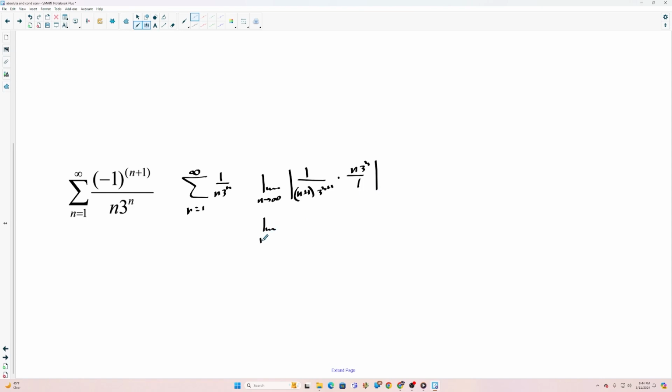So we have the limit as n approaches infinity, absolute value of the n's go to 1, and there's an extra 3 on the bottom, so that's 1/3. I don't need that limit. 1/3 is less than 1, so converges absolutely by ratio test.